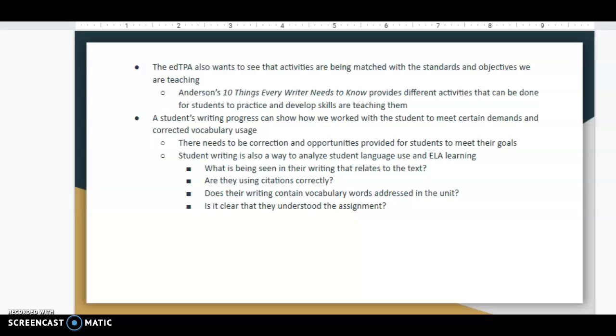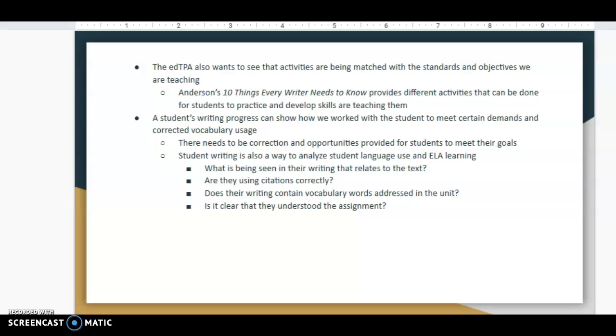And these are just some questions that I think about when I'm analyzing some student work, like what is being seen in their writing that relates to the text. Are they going back and reflecting and using things from the text to explain what they mean?